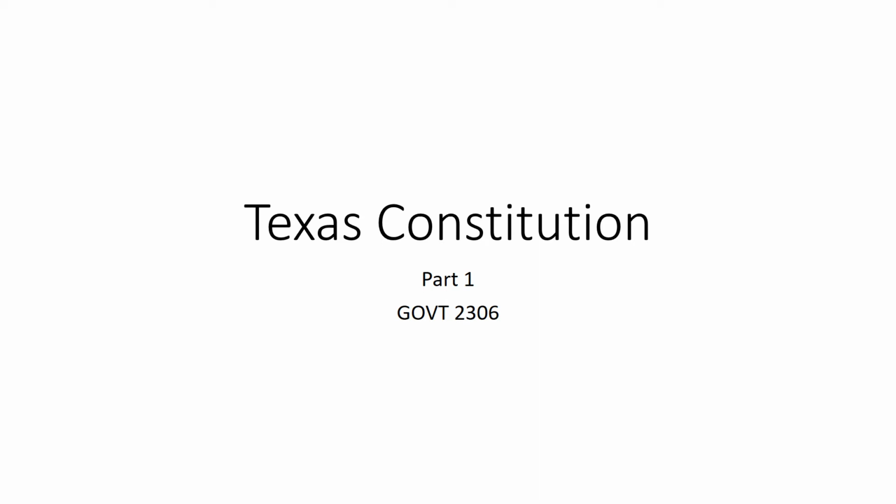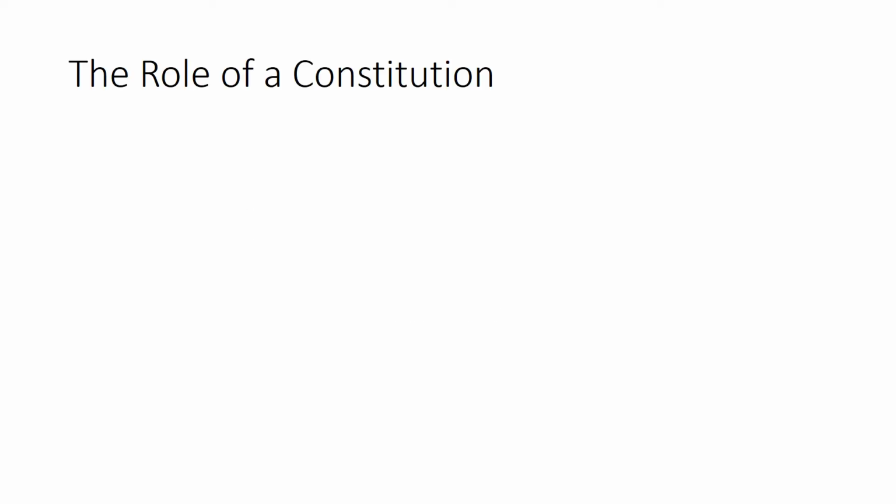Today our topic is going to be the Texas Constitution. I'm going to do this topic over two parts. So we will get started with this first part, in which we will talk about what is a constitution. Well, a constitution is defined as the legal structure of a government that establishes the government's power and authority, as well as the limits on that power.